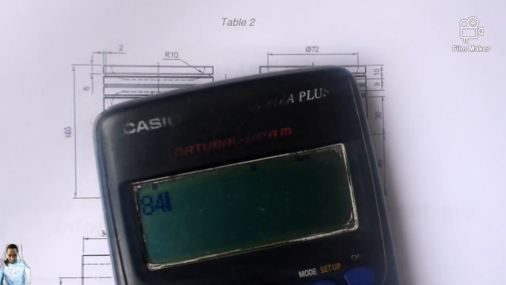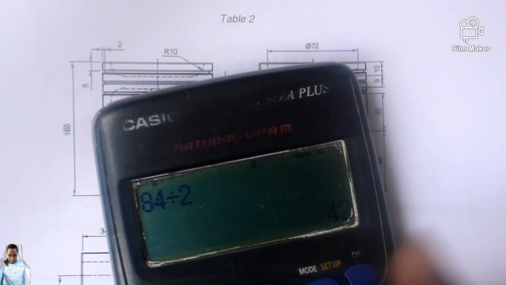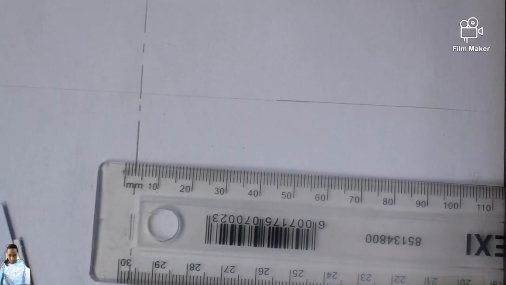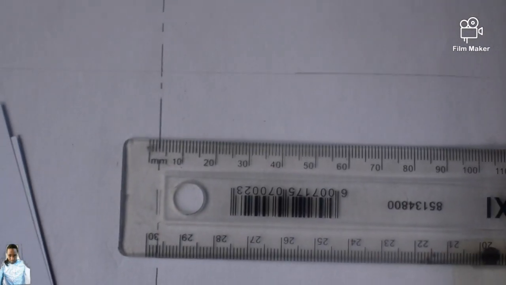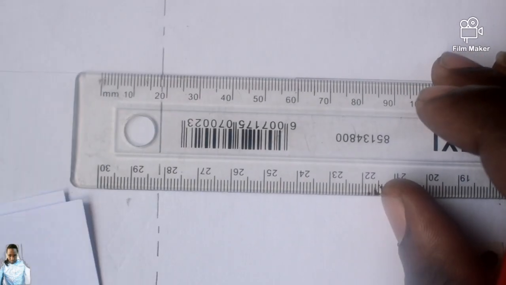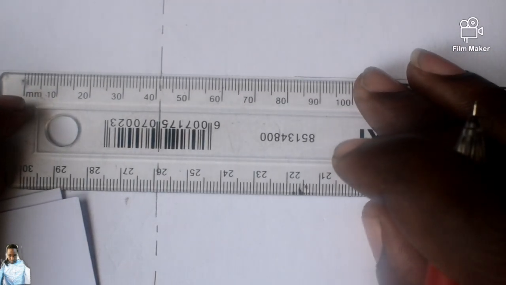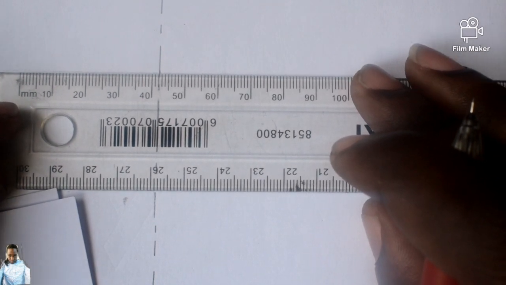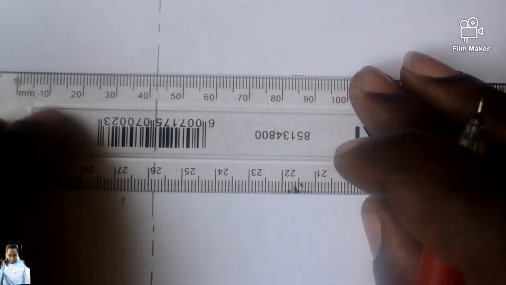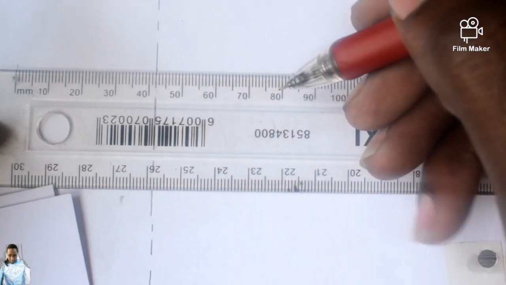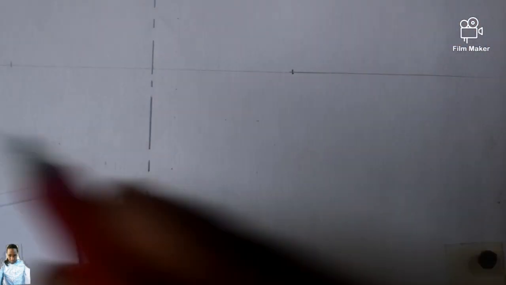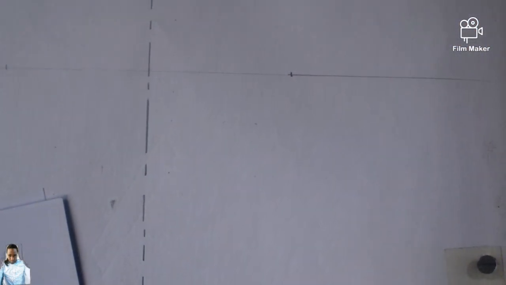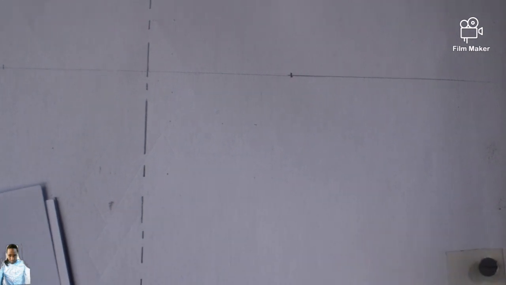So we say 84 divided by 2, that's 42. So I come here and say 42 this side, 42 that side. From here till here is 84 millimeter.